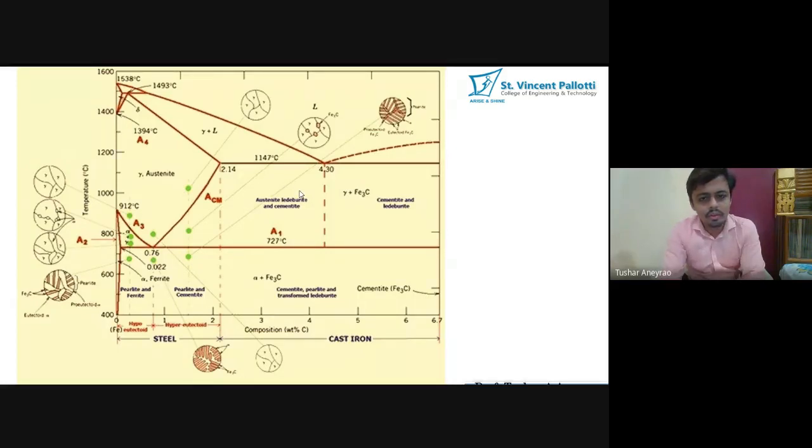I wanted to know that if this cementite is present only at 6.7 percentage of carbon, and if the austenite is only stable up to 2.14% carbon, then how is austenite available after 2.14% and how is cementite available before 6.7%?